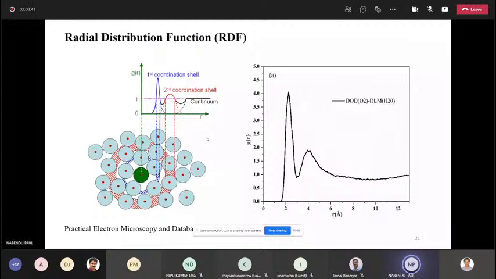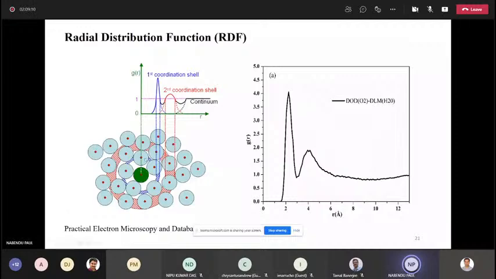We have a central atom here, the green one, and around it the other molecules or atoms come close and make a coordination shell or solvation shell. That is the interaction of the central molecule with other molecules.